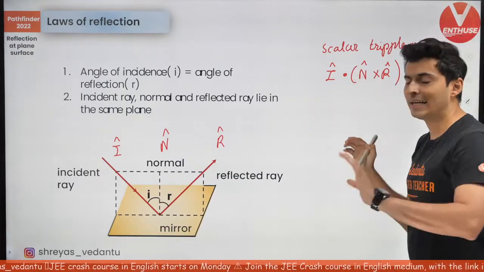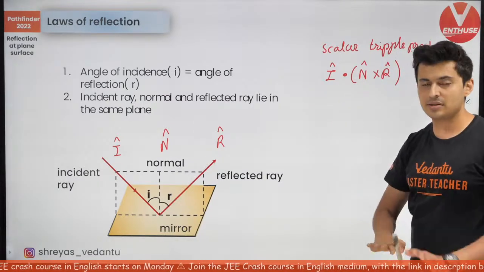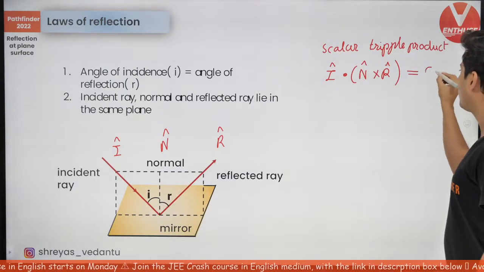Now you can change the order, it really doesn't matter. You can put R hat first. This value will always be 0.